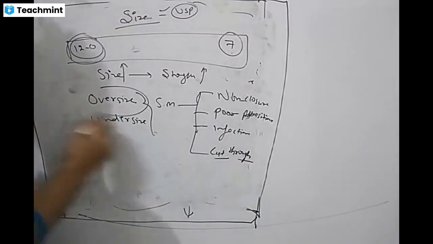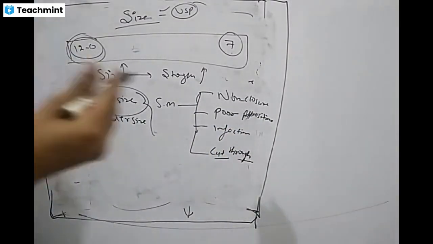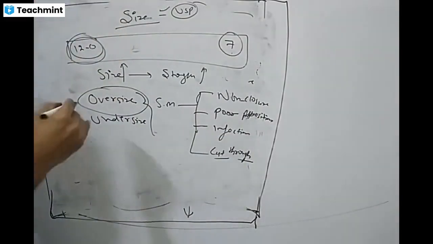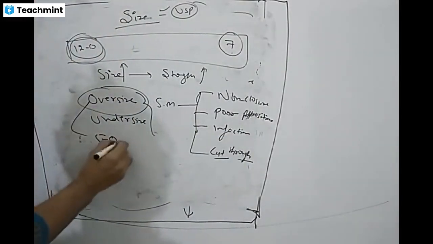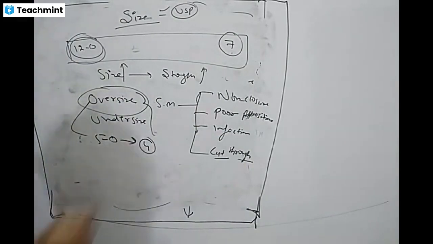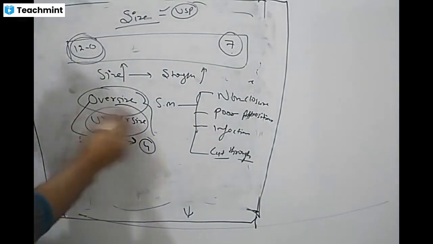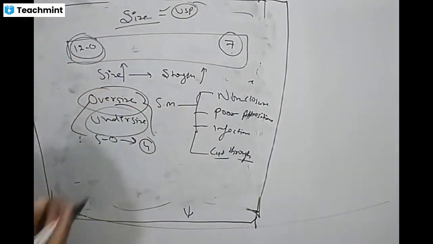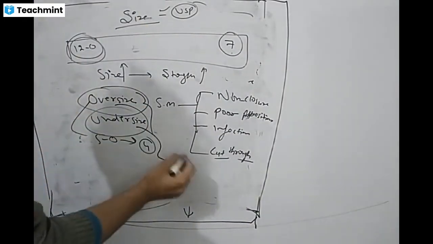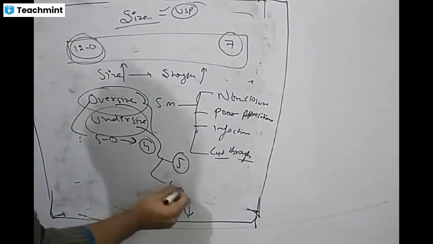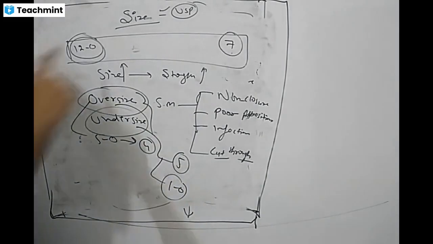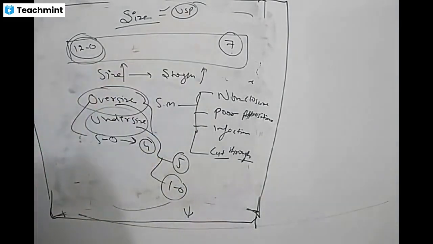Oversize means you are doing ophthalmic surgery like cherry eye, and instead of using 5-0, you are using number 4. Undersize means you are closing a rumen, a uterus or any big structure, and instead of using number 5, you are using 1-0. So this size should match with the tissue.